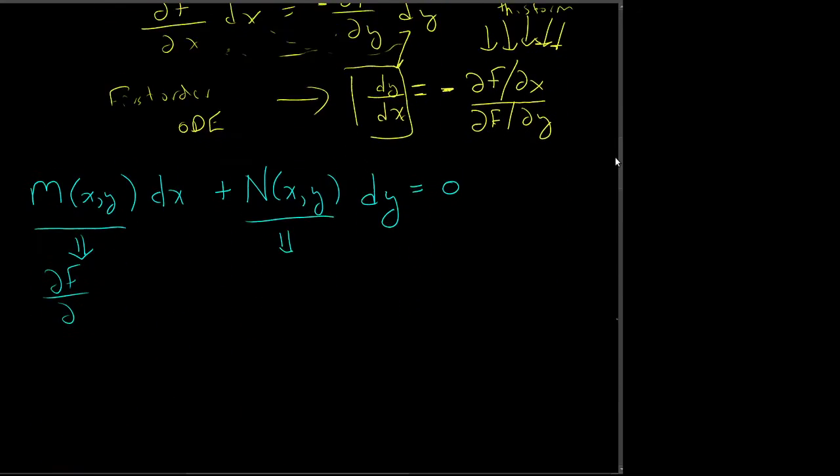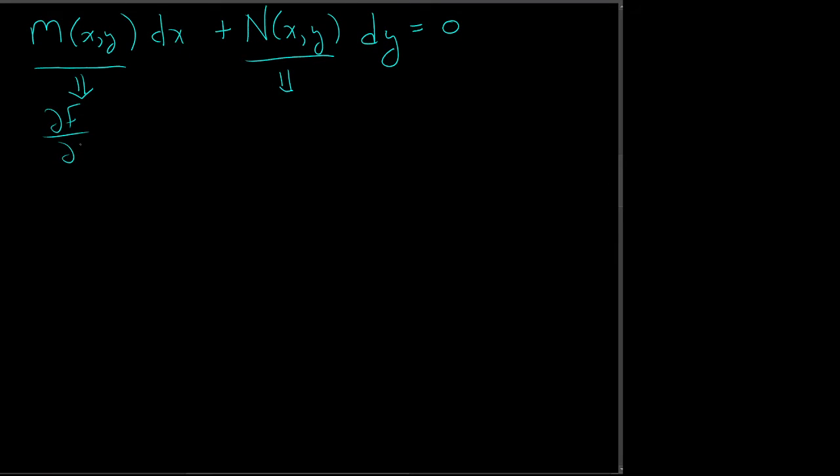Sure, with respect to x, yep. Plus the partial of f with respect to y, dy equals 0. And so these things are holding the place for it. Now, what's nice is, this being a differential, I can integrate in terms of x and y to get back to my f. And that's what we're going to hope for.